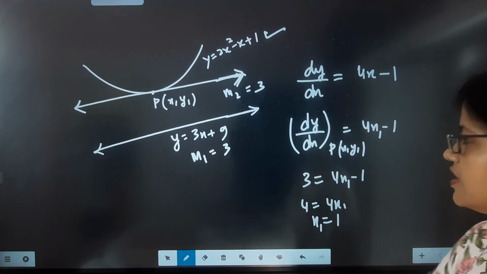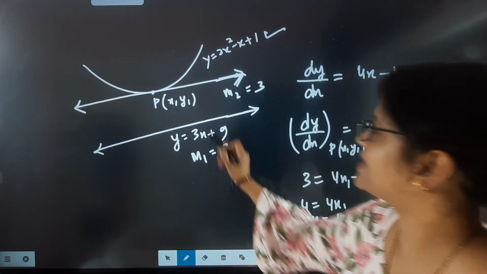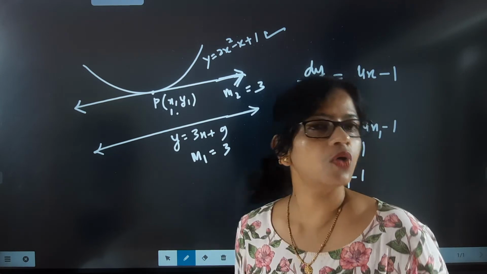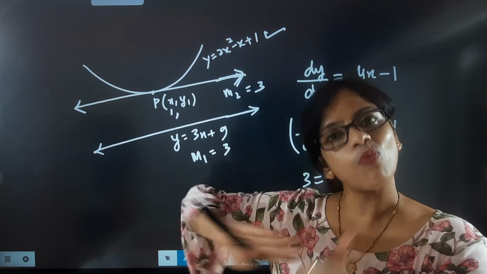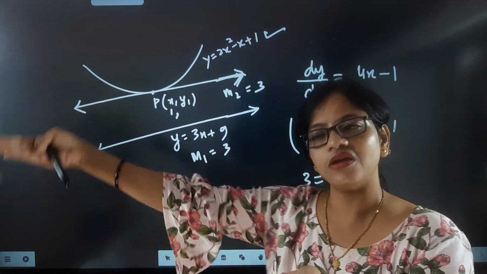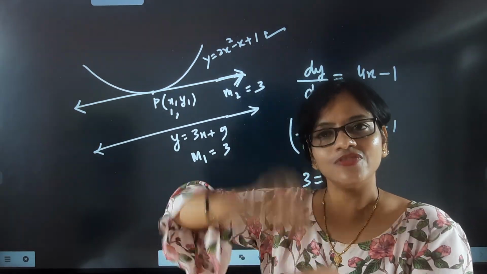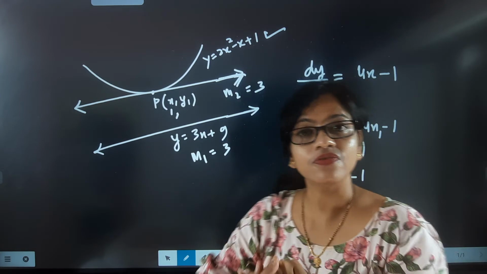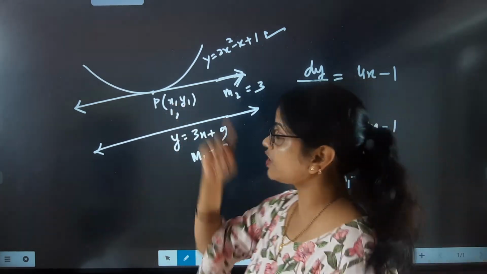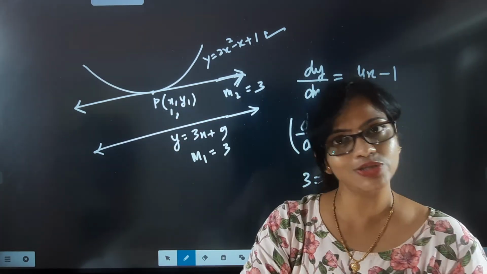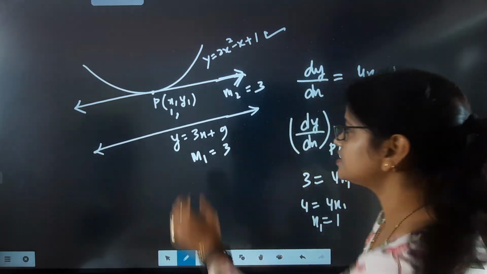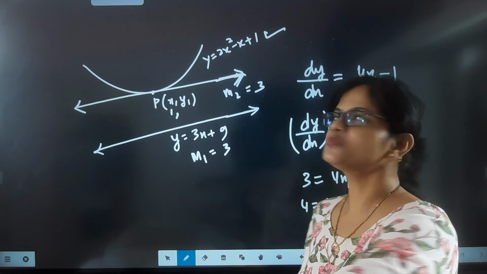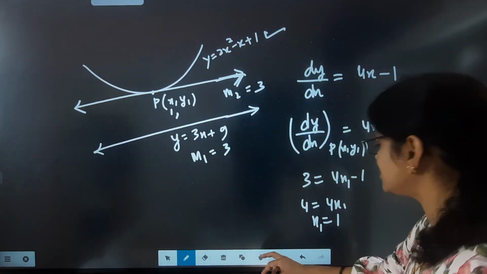So now once you got the x1 value, and x1 value is coming as 1, then how to get y1? Because this common contact point, or the point which is common for the curve and the equation of the tangent, is also present on the curve. I told you this point will satisfy the equation of the curve, the equation of the tangent, and the equation of the normal also. So just pick this point and substitute it in the equation of the curve, and let's see the magic.